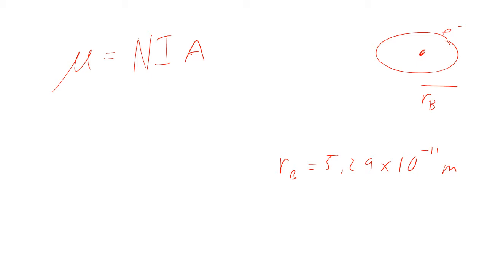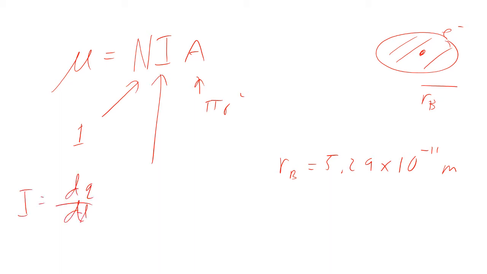So A is going to be the cross-sectional area, which is pi r squared. N is going to be 1 because there's one turn. Now what is I? I is the current. The current's defined as dq/dt, or we can just think of it as the average current, q over t. T is the period.